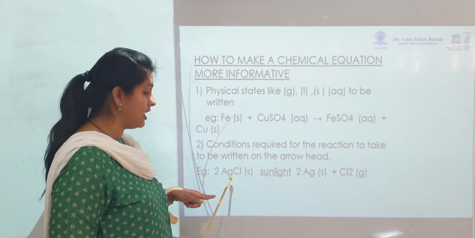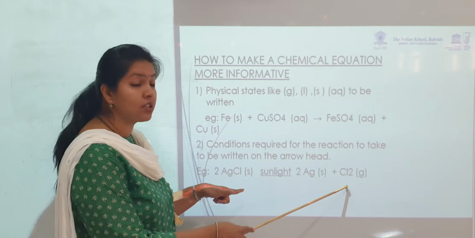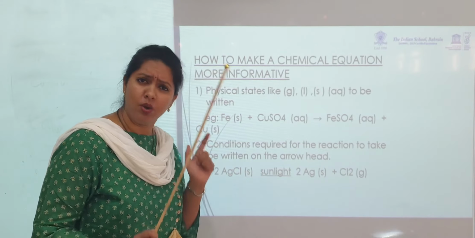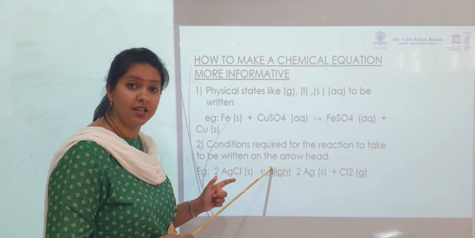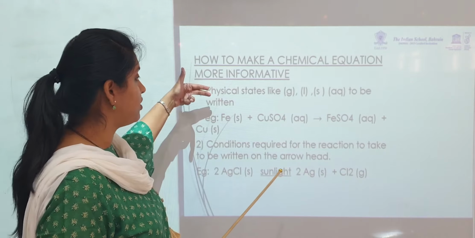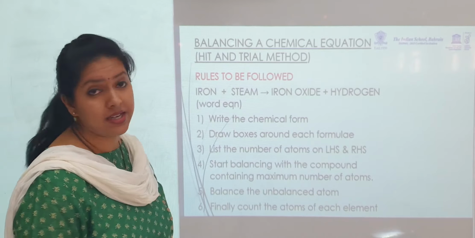For example, silver chloride in the solid state gives me metallic silver in solid state, chlorine gas, okay, in the gaseous form. This reaction can happen only in the presence of sunlight, and that is what I have mentioned over here. So my equations can become informative if I mention the physical state as well as the conditions which are required.